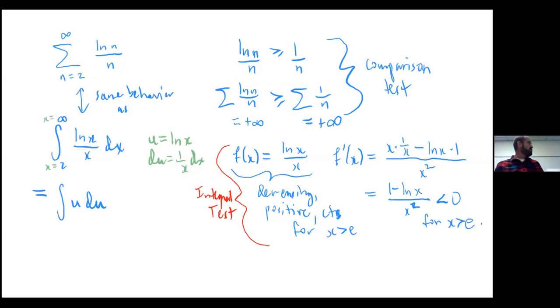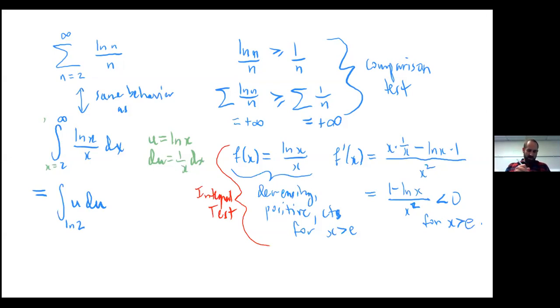If x is 2, what is u? It's logarithm of 2, yeah? What if x is going to infinity? What does u go to? Think about it. I should not be as sloppy with this.